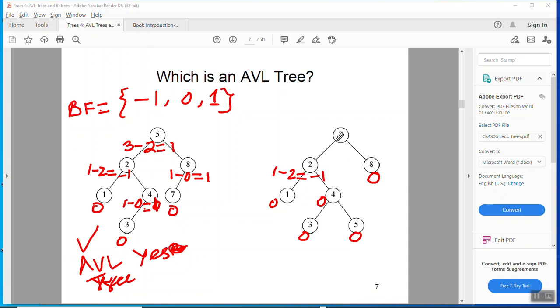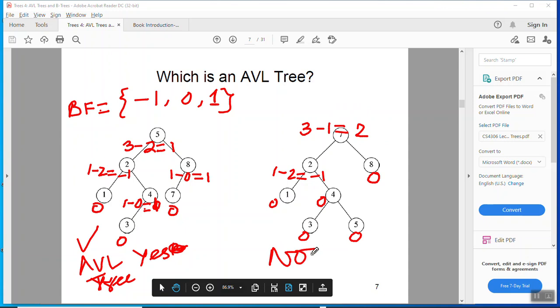For this one, what is the height? 1, 2, 3. So 3, and on the right side the height is 1. 3 minus 1 equals 2. So this is not an AVL tree.